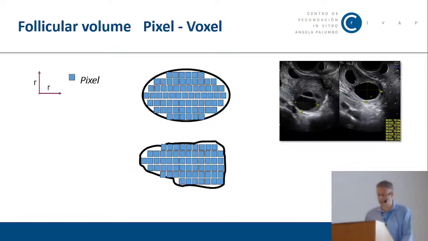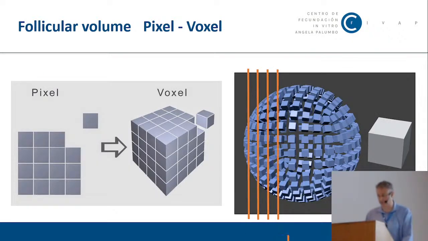Once we know what area a pixel occupies, we can calculate how many pixels fit in a given structure, and in this way, determine more precisely the real area of any digital irregular structure. The representation of the pixel in 3D is the voxel.